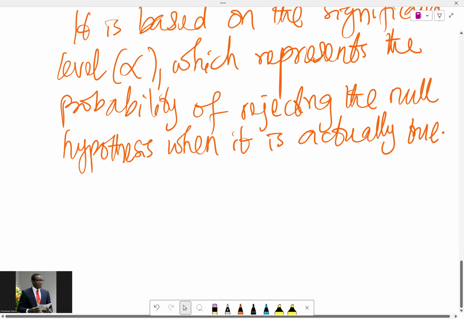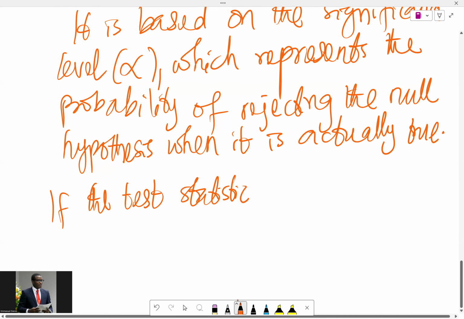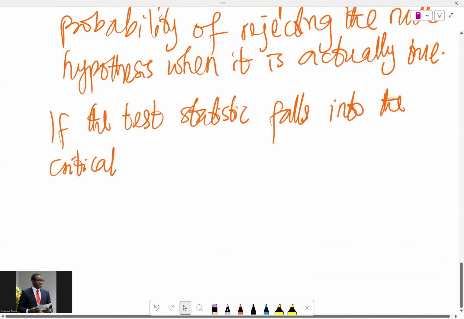If the test statistic is usually something you will compute, and it falls into the critical region. So you compute the test statistic, but you get the critical region from a distribution table relevant to the kind of test you're carrying out.